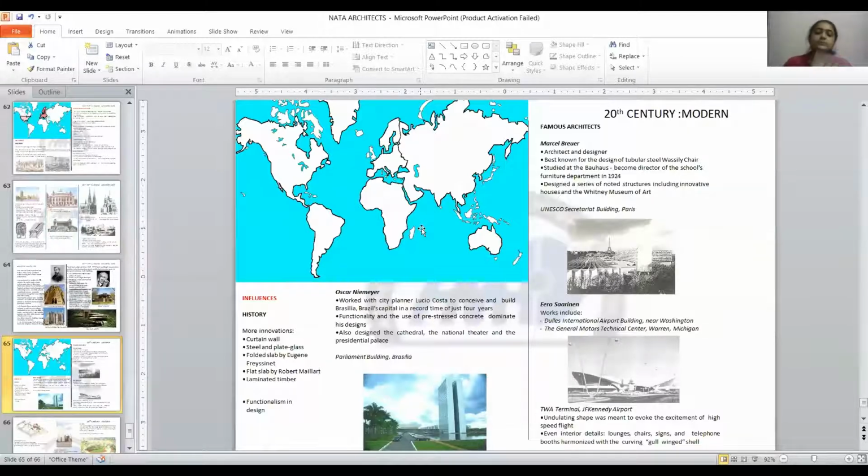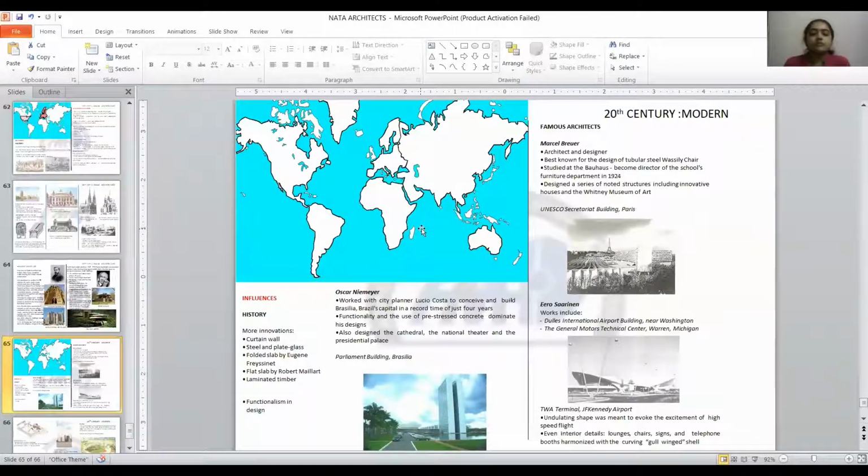So modern architecture actually evolved because there are so many versions of the story, but because of the social and political revolution, modern architecture came into play, and technological and engineering development is also one of the main reasons.